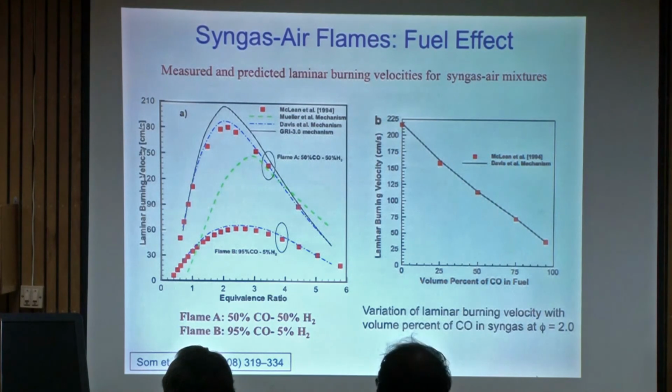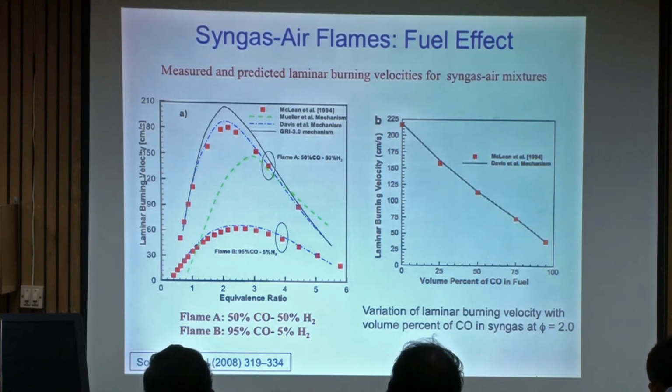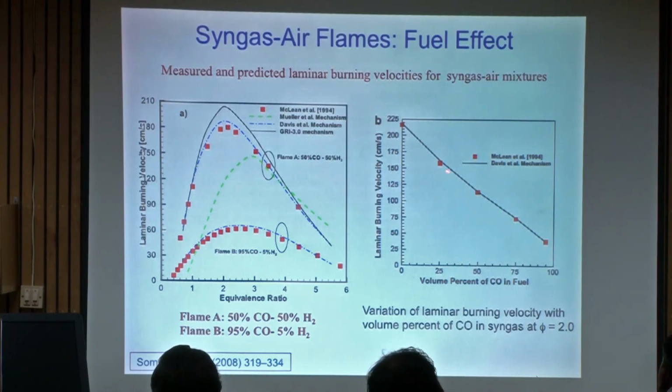You have to have a very small amount of hydrogen. Remember the mechanism we discussed for CO? You need either moisture or some hydrogen to initiate the reactions. You can see it varies almost inversely proportional to the amount of CO. It goes from 220 to about 25 or 30 centimeters per second.